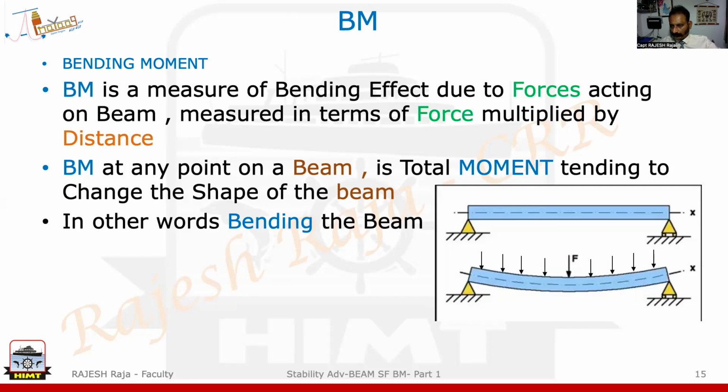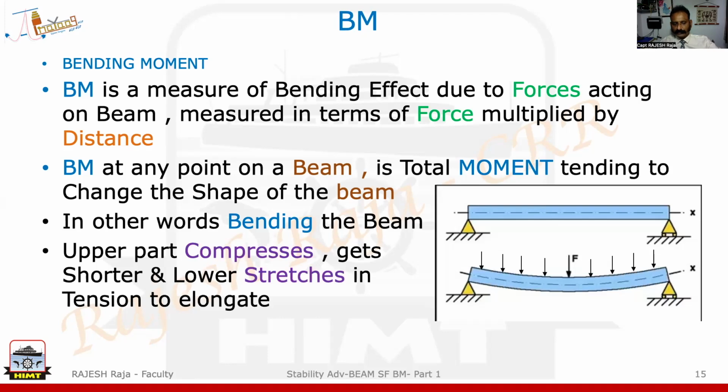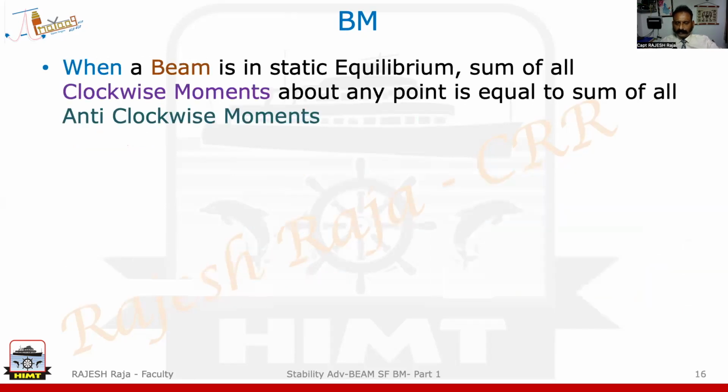How do you calculate it? If you go to a point, I'm going to take the force into a lever. That is what I'm doing. And exactly like before, it compresses the top part and stretches the bottom part. Again, whenever a beam is in static equilibrium, it's exactly the same as I told you in SF.